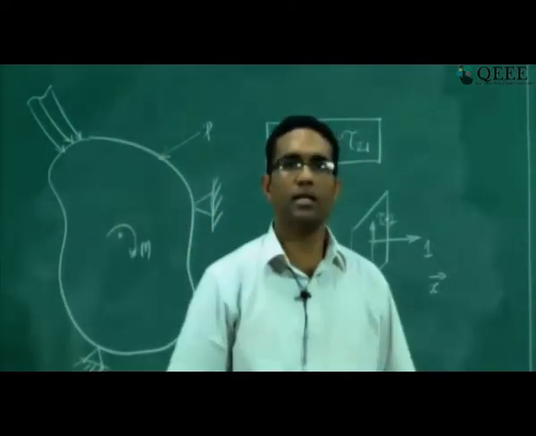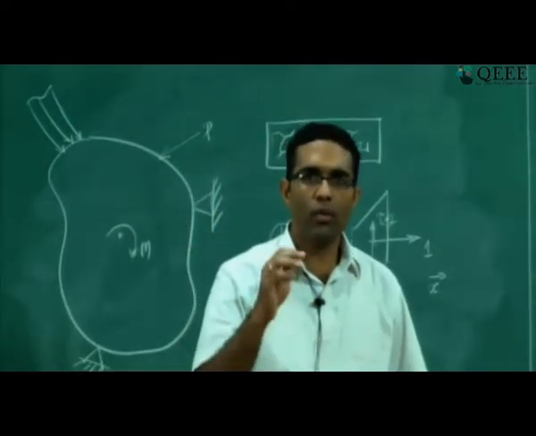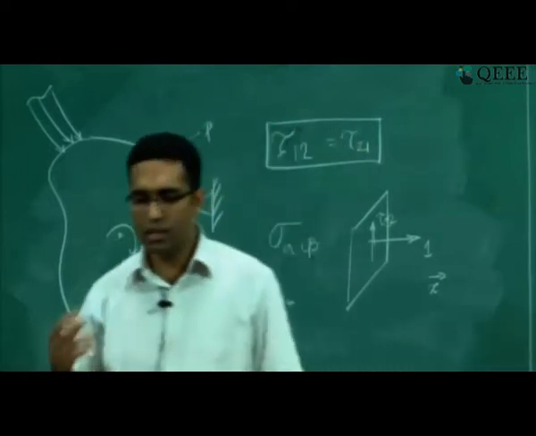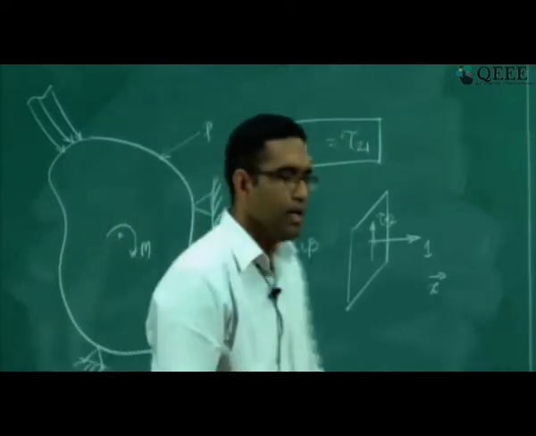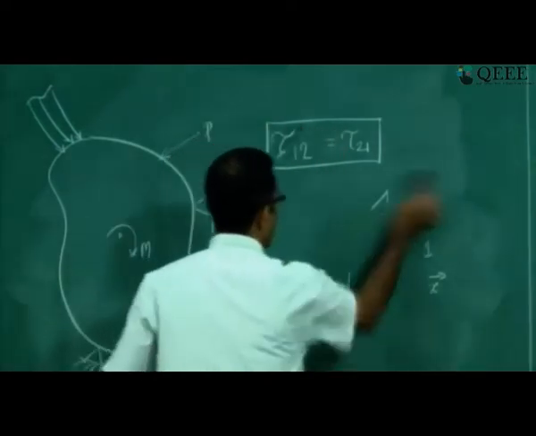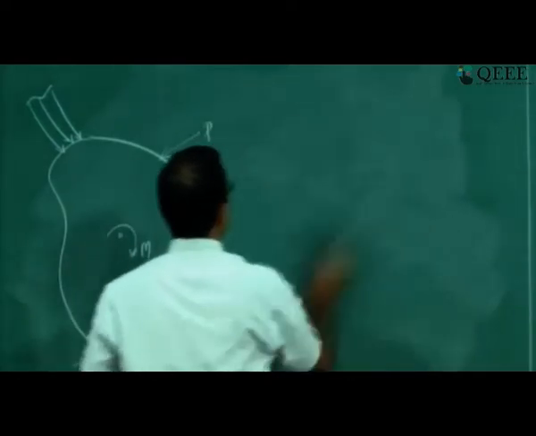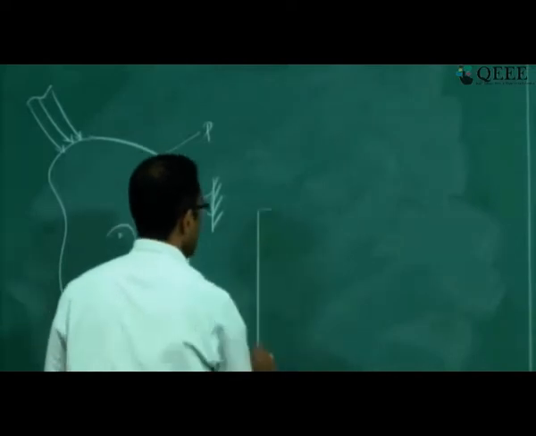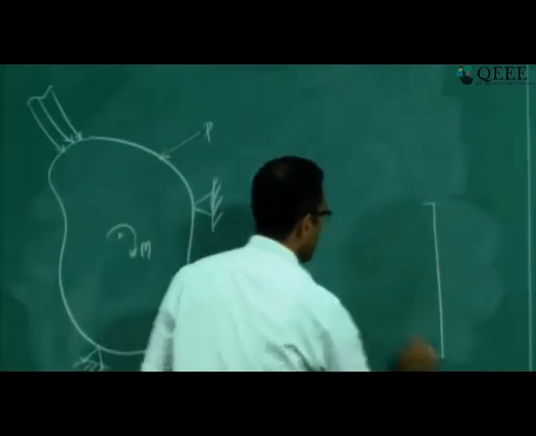So the physical quantity stress, which represents the resistance of the body to deformation, is basically a complicated mathematical entity called a tensor, and this particular entity has in general 9 components.